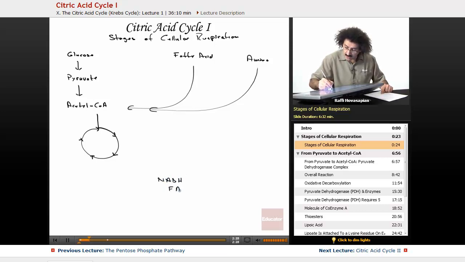Now let me put over here NADH and FADH2. I'll put a little rectangle around that. And then over here, I'll put the electron transport chain.